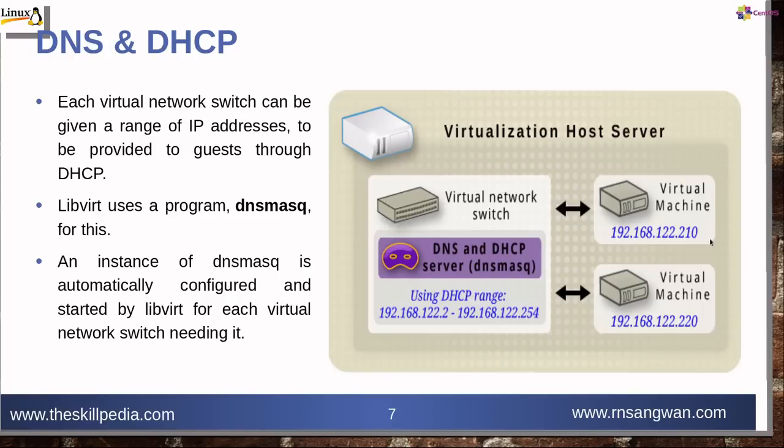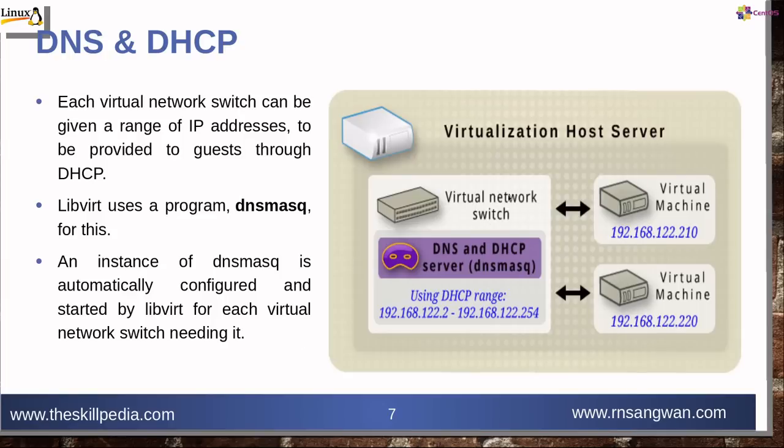So this dnsmasq is used to provide IP addresses to the virtual machines on a lease basis. An instance of dnsmasq is automatically configured and started by libvirt for each virtual network switch needing it.